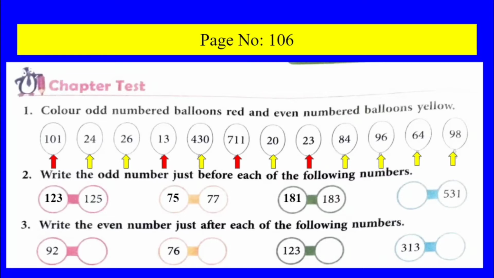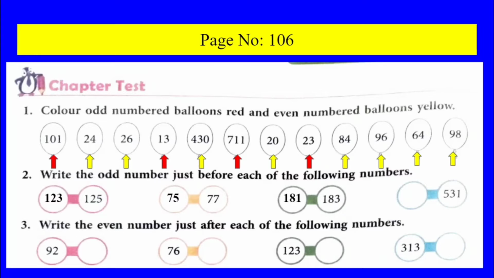Now the next number is 531. So children, which number comes before 531? Yes, 530. So is 530 an odd number? No, 530 is an even number because it ends with the number 0. So children, now which number comes before 530?